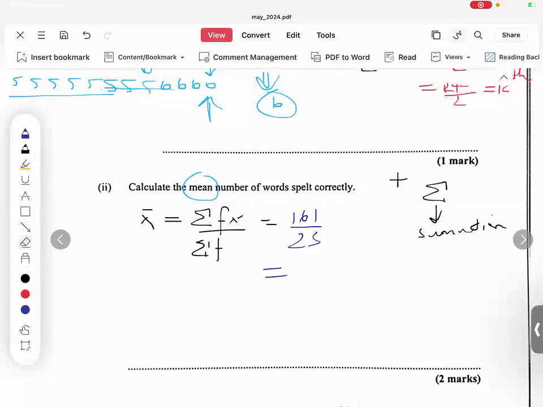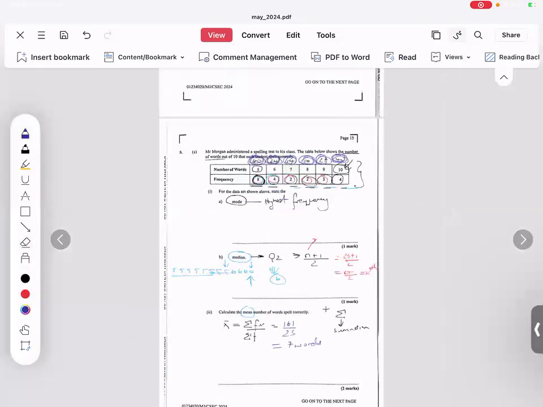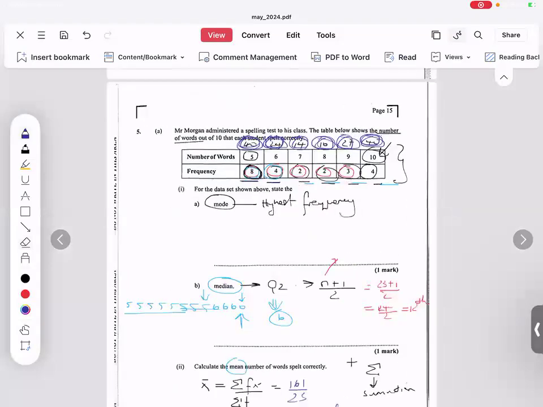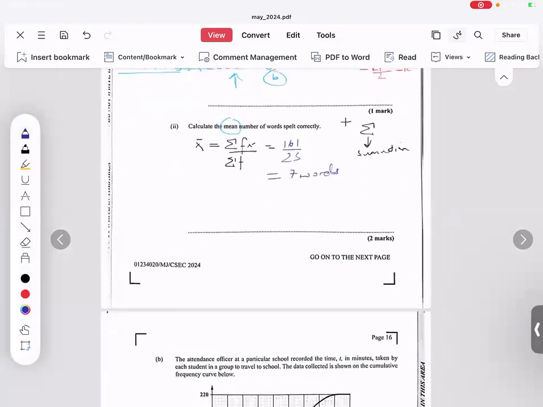We had some persons spelling less, but we also have some persons spelling more. So the mean is almost close to the middle. So that is 7 words correctly. Assuming that everybody is okay with that and I understand why we did what we did. No questions, so I'm going to move on.